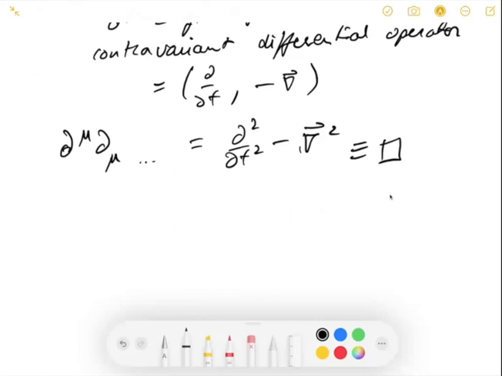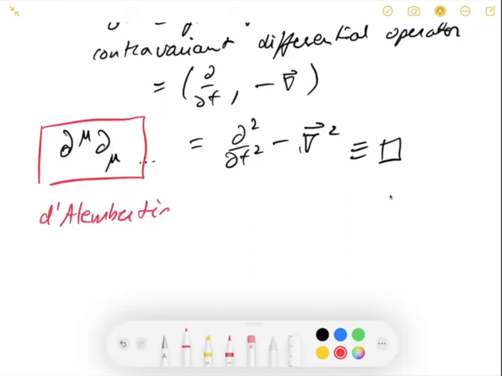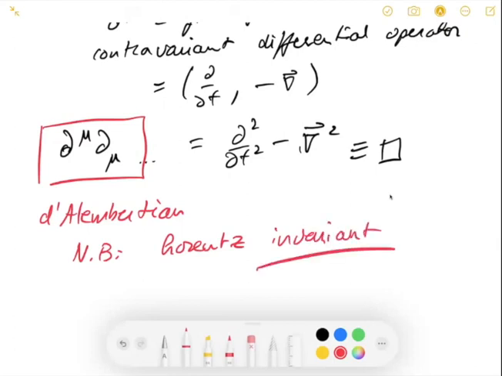The beauty is that this thing is the D'Alembertian, and it's Lorentz invariant. Now that's a good thing that it's Lorentz invariant, because if we had a wave equation, they might look a little bit differently, but the wave equation for waves of light should be the wave equation for waves of light.